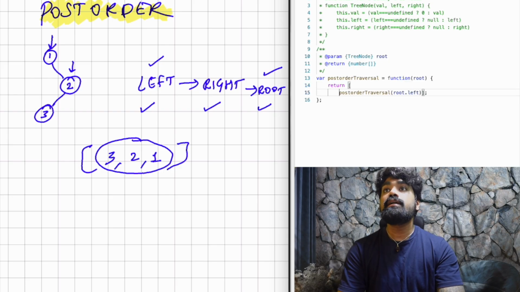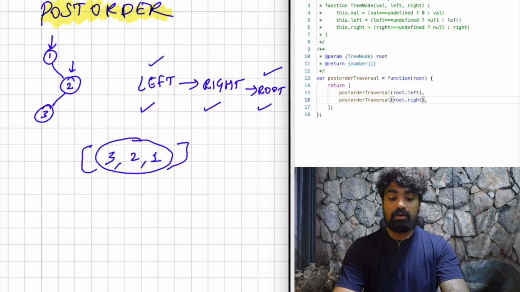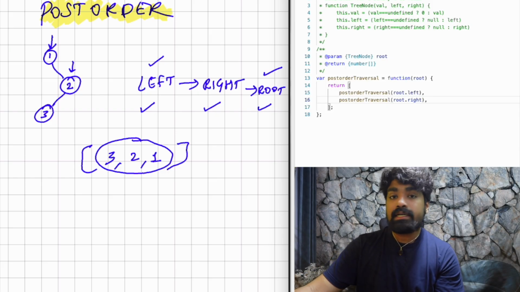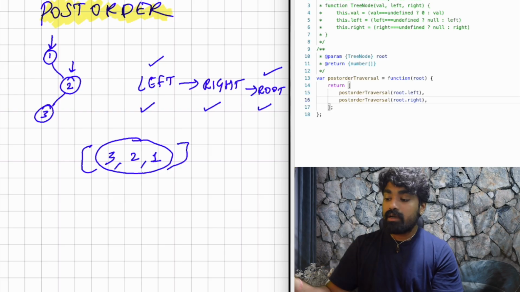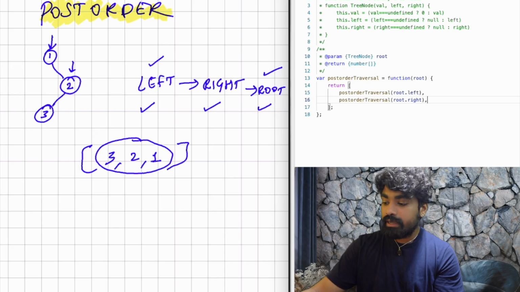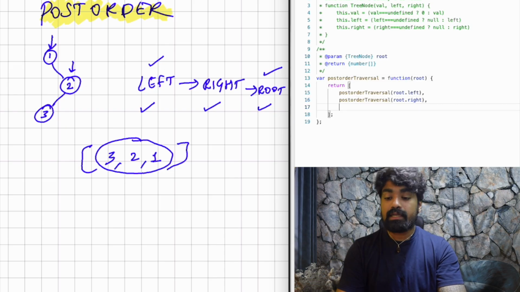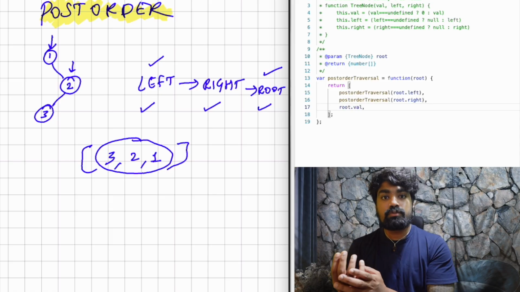So the first is left, then I will go to the right subtree, and to do that I will make a recursive call to the right subtree, and in the end I want to visit the root itself. What does visiting the root itself mean is I will pick the value of the root and return it in my array, and the value that is supposed to be written is just going to be root.value, and that needs to be returned.